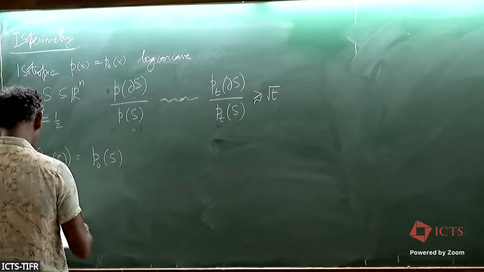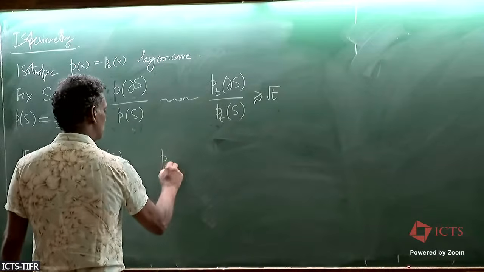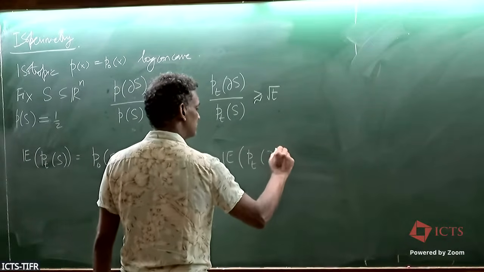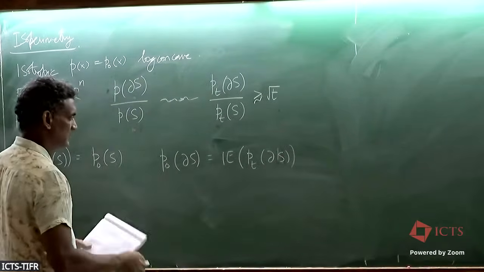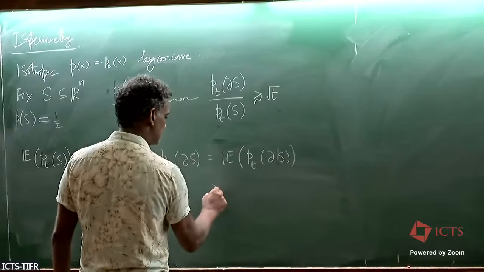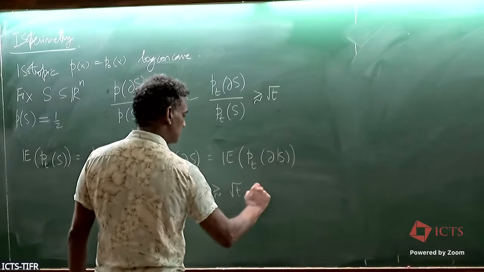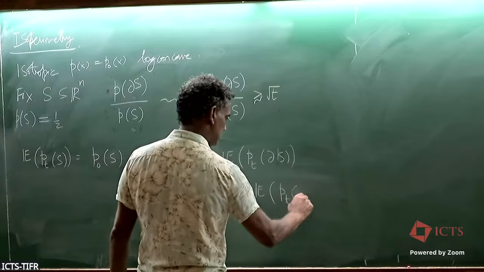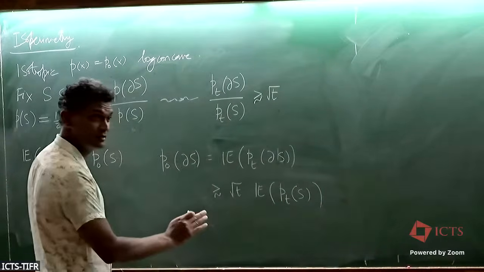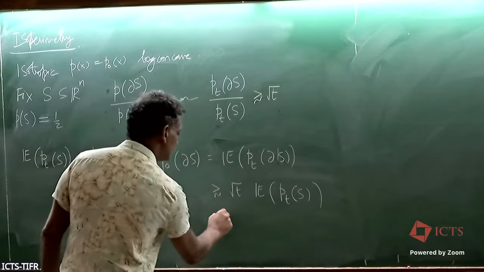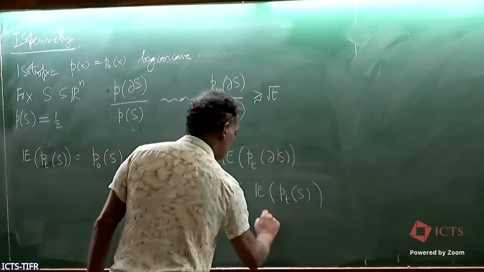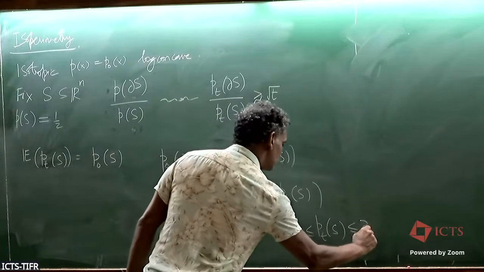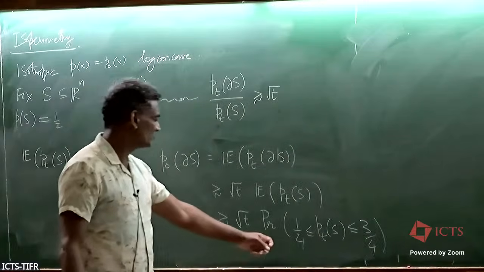We're saying P0 of the boundary of S is the expectation of PT of the boundary of S. Nothing so far, but we know that this is root T times the expectation of PT of S. I haven't done anything yet, but then there's the probability that PTS lies between, say, 1/4 and 3/4. So if we can prove this to be a constant, we're in good shape.